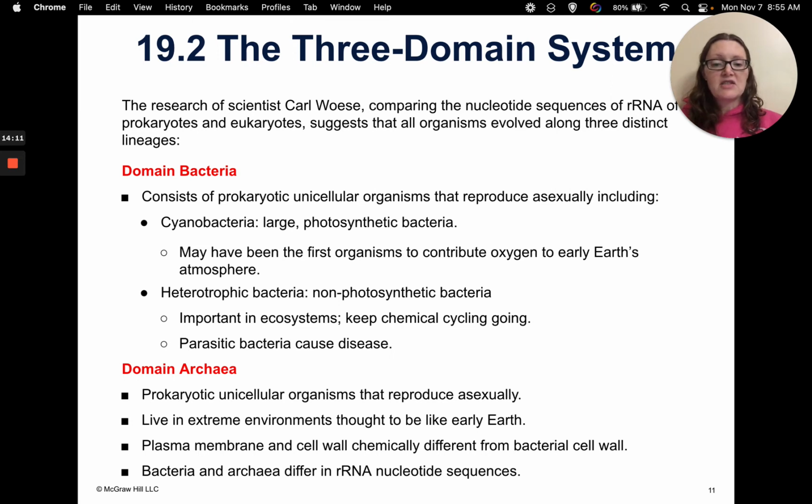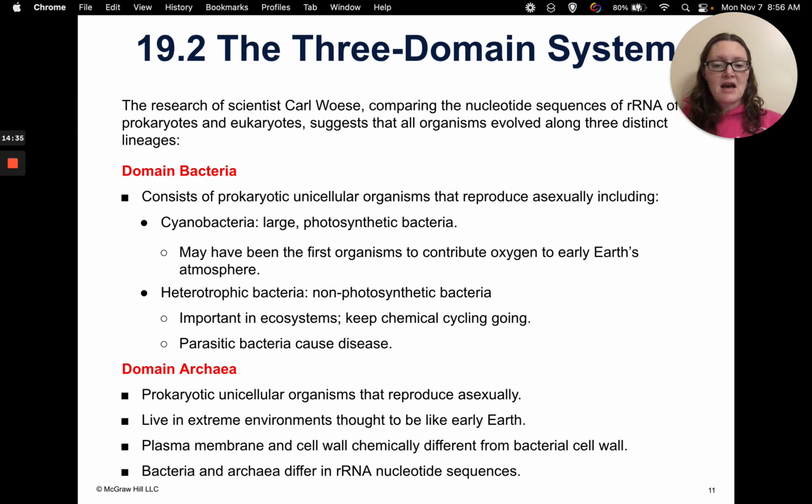They live in extreme environments, and they're going to have a plasma membrane and a cell wall, and the cell wall is going to be a little bit different than the other bacteria, and that's one of the main things that separates them from domain Bacteria.